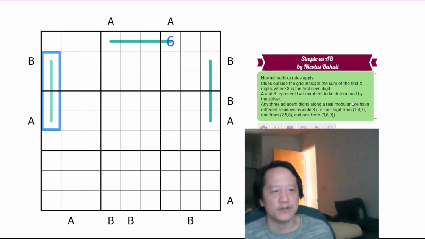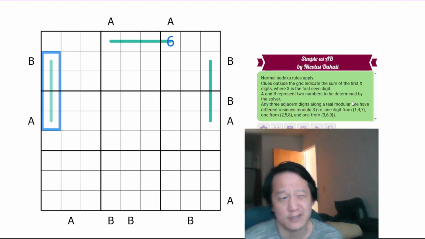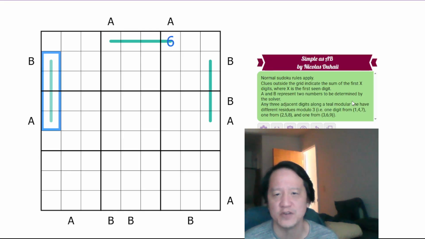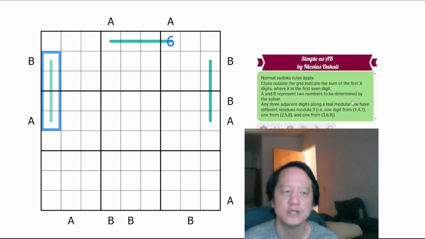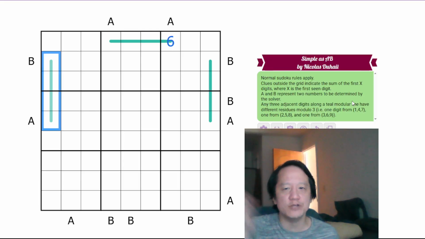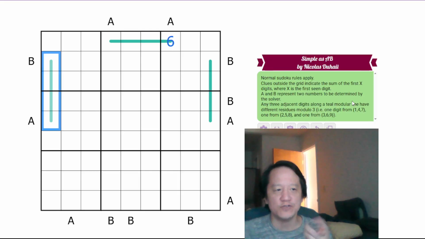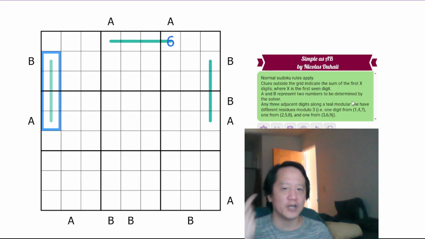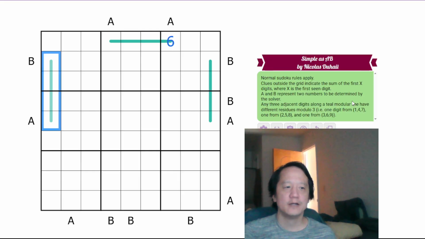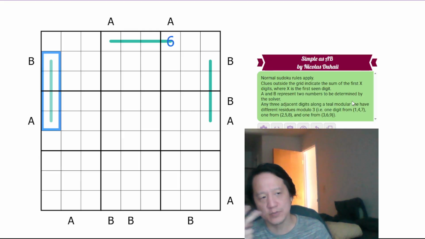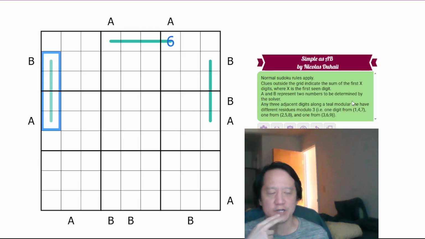I don't know if other countries call them residues. Maybe that's a term they specifically use, but the way we've been taught is remainders modulo 3, which is when you divide by 3, what is the remainder once you divide part of it evenly. So, for example, 8 divided by 3 gives you 2 plus some remainder, and that remainder would be 2. So that's why it's considered 2 modulo 3.